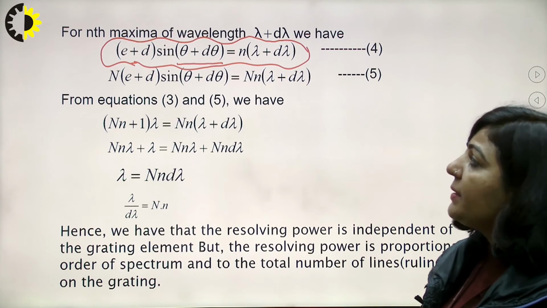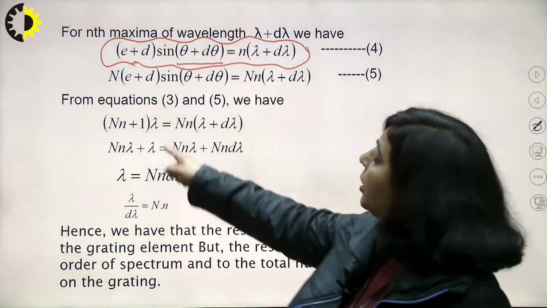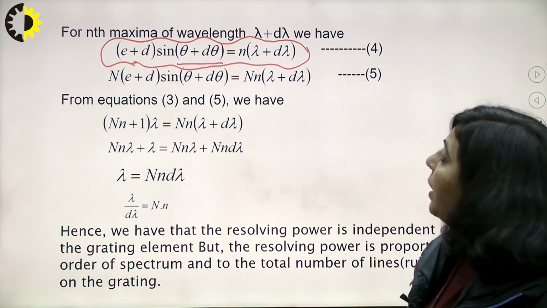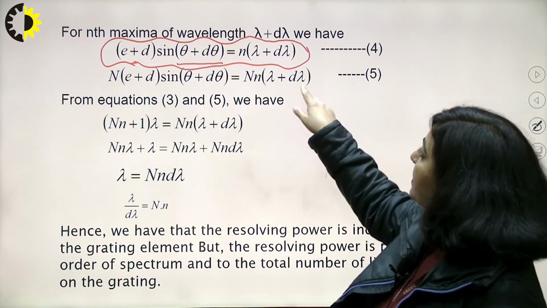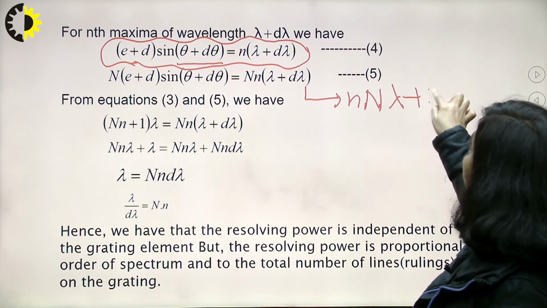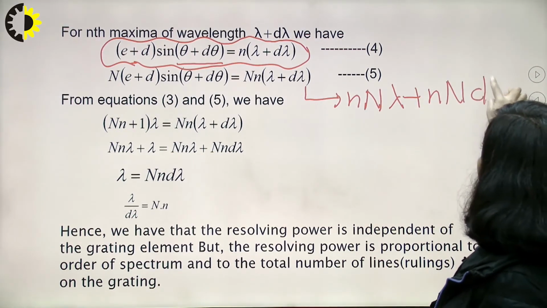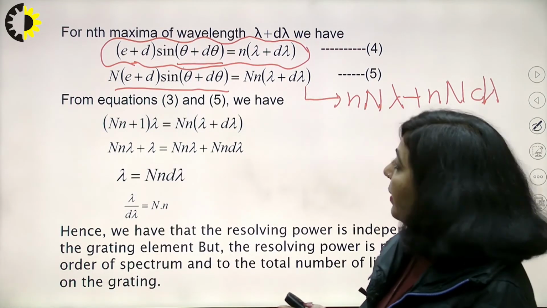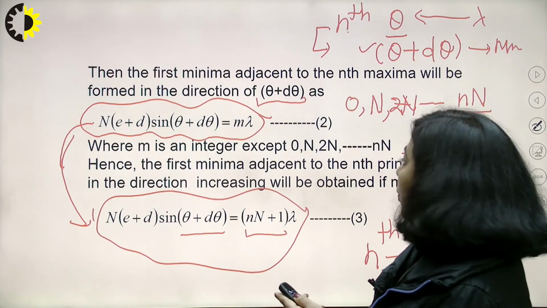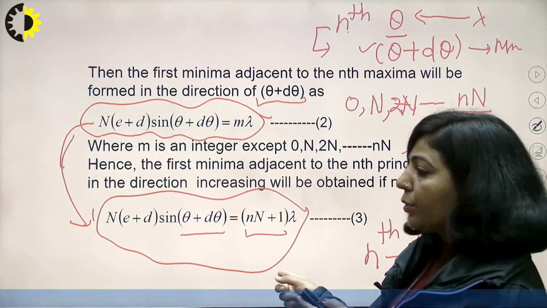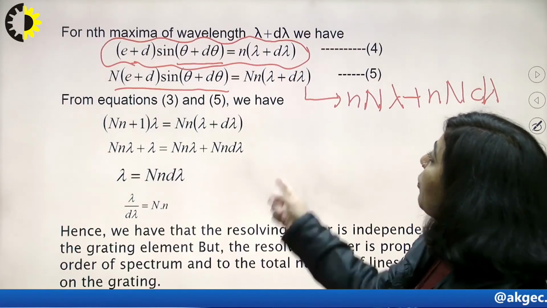If I multiply this equation by capital N, you get (e plus d) sin(theta plus d theta) equals nN times (lambda plus d lambda)... simplify it, you will get nN lambda plus nN d lambda, right? The left hand side of equation number 5 is already known from equation number 3, so you can substitute equation number 3 in equation number 5.